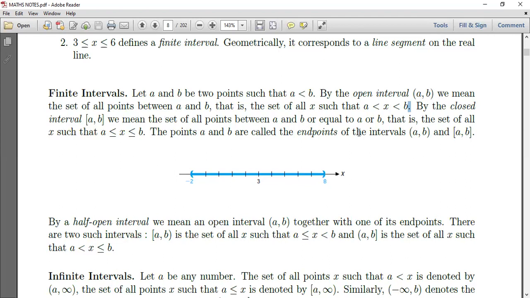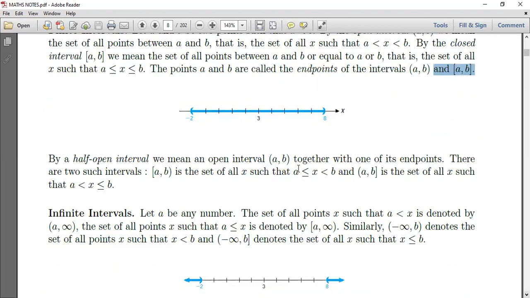Then we also have a half open interval. A half open interval is closed on one end and open on the other end. We write it like this: a square bracket, A, B, and then a round bracket. This is a half open interval.